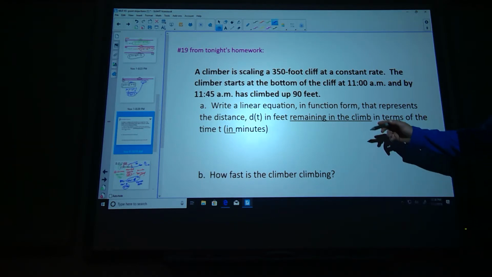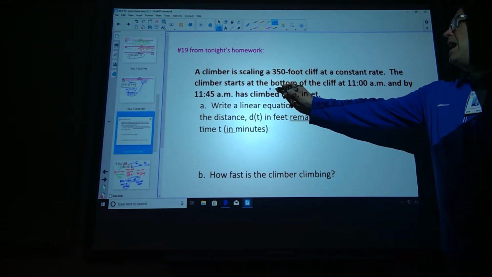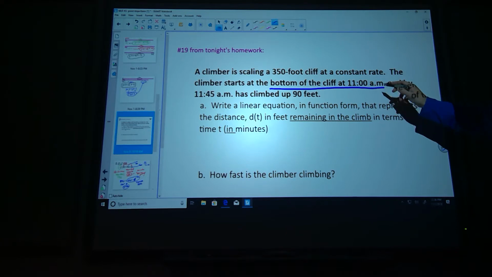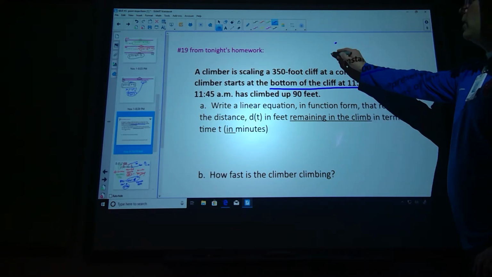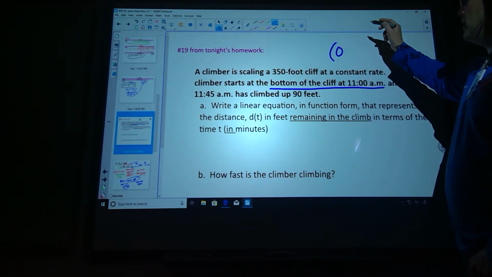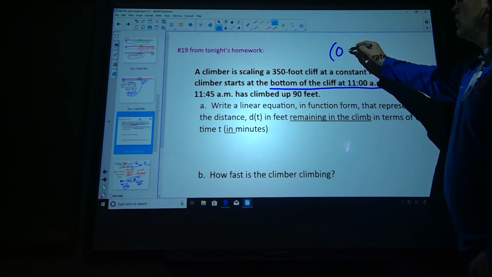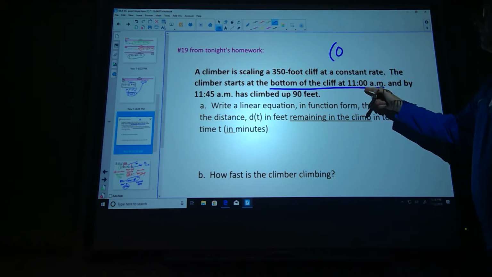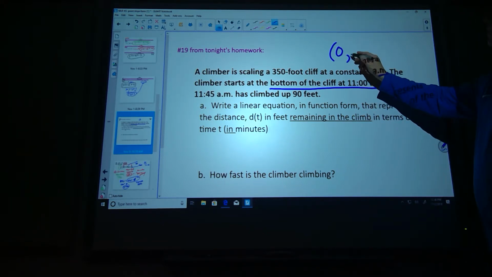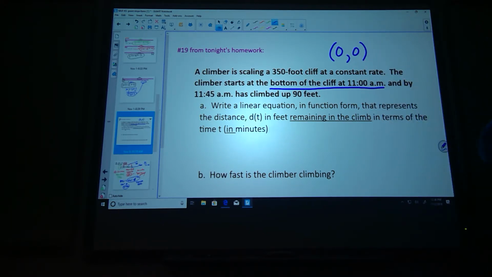So let's figure this out. How can I make 2 points? What does at the bottom mean? He was just starting, so 0.